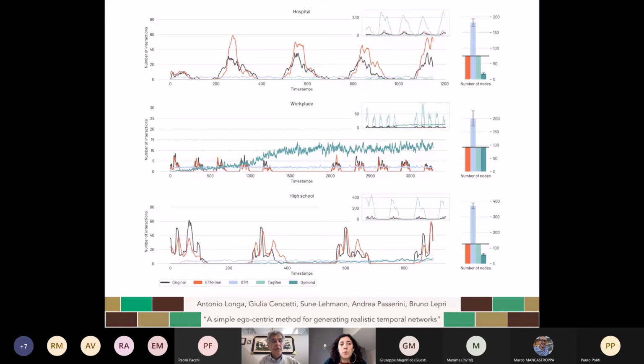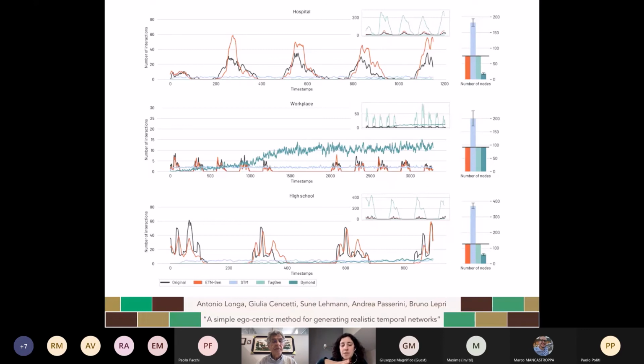But I want you to notice that if we didn't use this strategy of multiple dictionaries, and we constructed the new network by using a unique dictionary, what we would obtain would be something flat. Of course, we wouldn't be able to see the periodicity, but the height at which our flat distribution would be is the average number of interactions, while the competitors are usually lower than the average and sometimes higher.